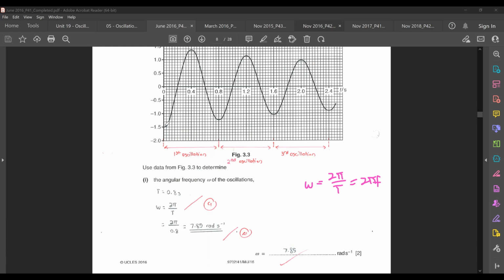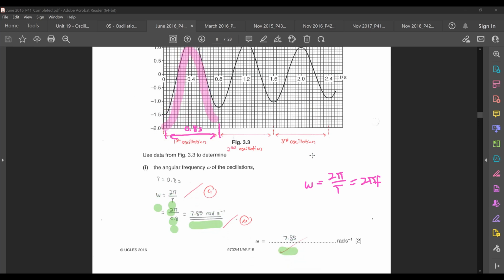The easiest way to look at it is this part here. This is one period. It's actually 0.8 seconds. So just substitute in: omega equals 2 pi over T, which is 2 pi over 0.8. You're going to get 7.85 radians per second for your angular frequency. Okay.